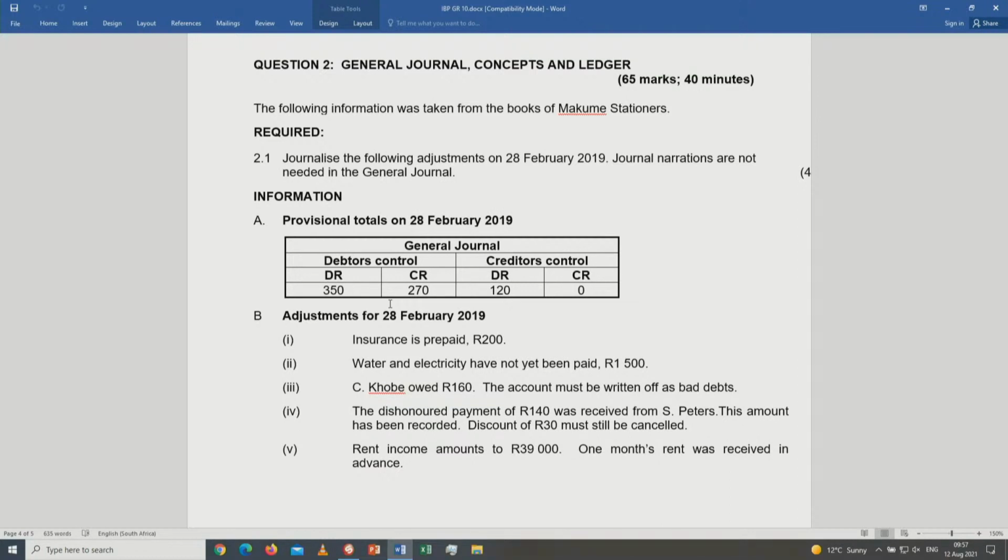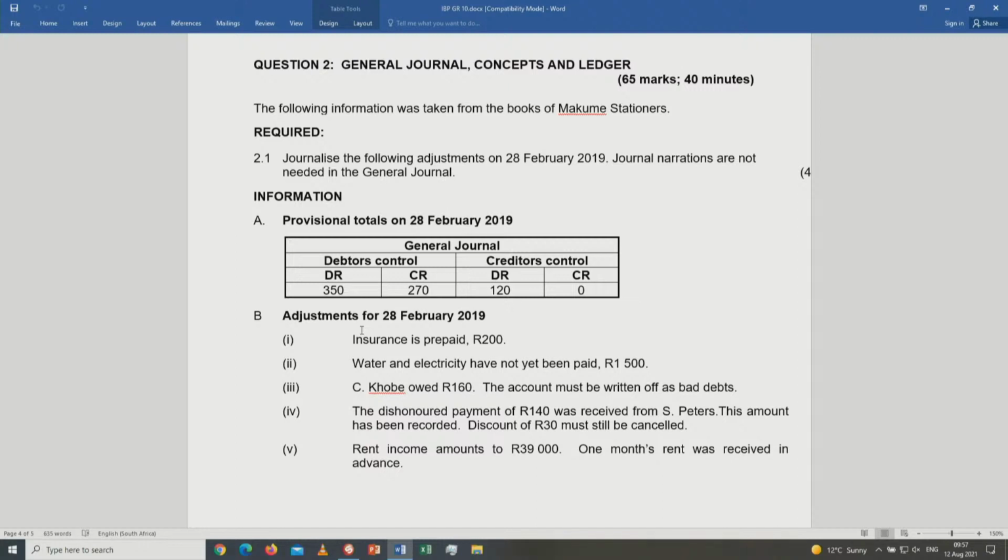Right. Without any waste of time, ladies and gentlemen, let's quickly look at the general journal. Remember I said you must always identify the accounts when you analyze the transaction or adjustment. Please be able to identify the accounts that are affected, right?